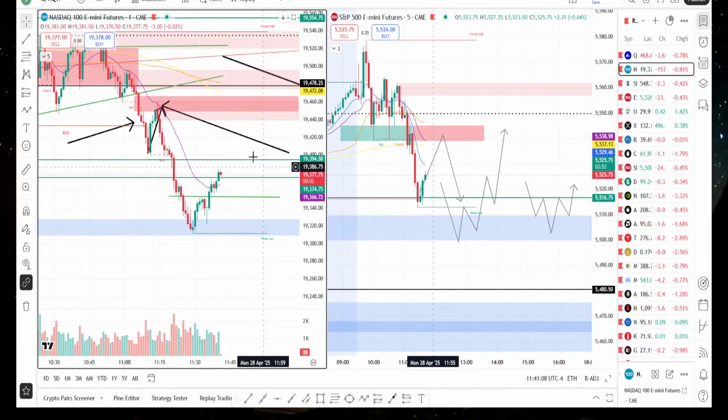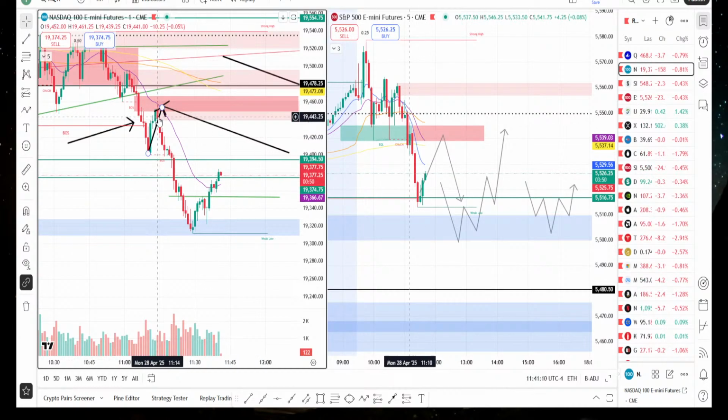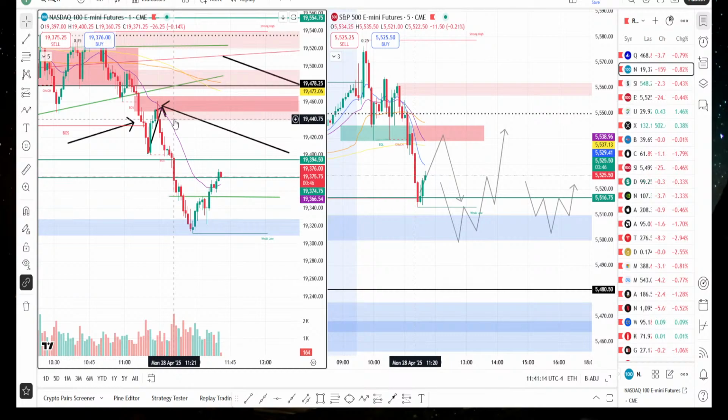A good entry isn't exactly entering where the market turns around. A good entry is wherever you decide to enter, and based on your risk, you can at least get double the reward.